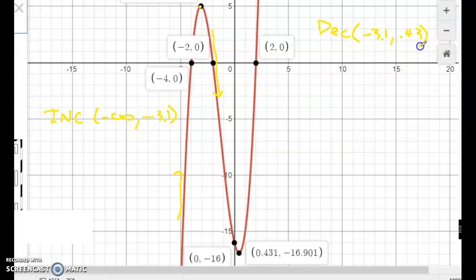Then we go up again, up, up, up. So that's another increasing interval, from 0.43 to positive infinity, because it does not come back down.